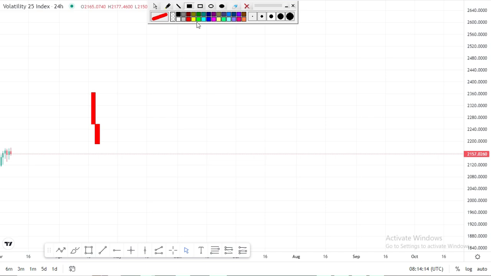Then maybe after that there's a bullish candlestick right here. So when you have this, you are marking out the opening and the closing of the opposite candle.